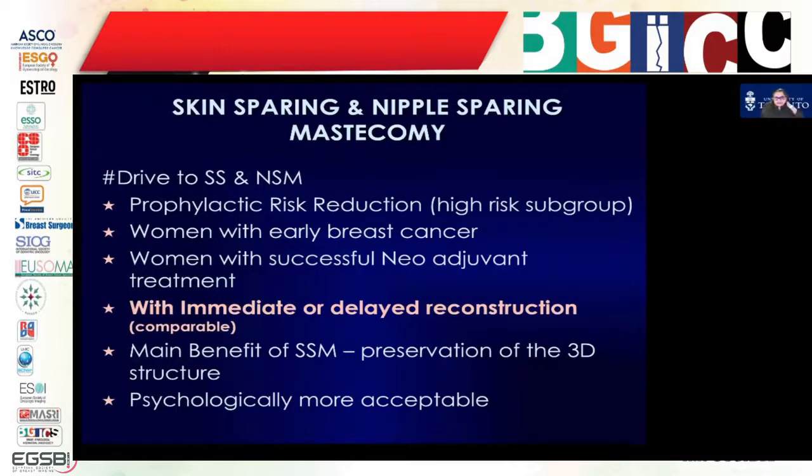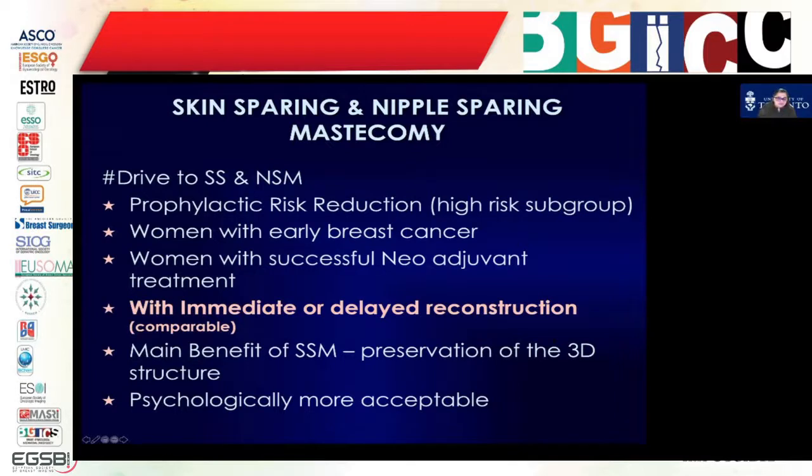So they would have a skin sparing mastectomy. They may temporarily have some implant placed, and then they may come back later for a delayed reconstruction, which could be autologous or not.